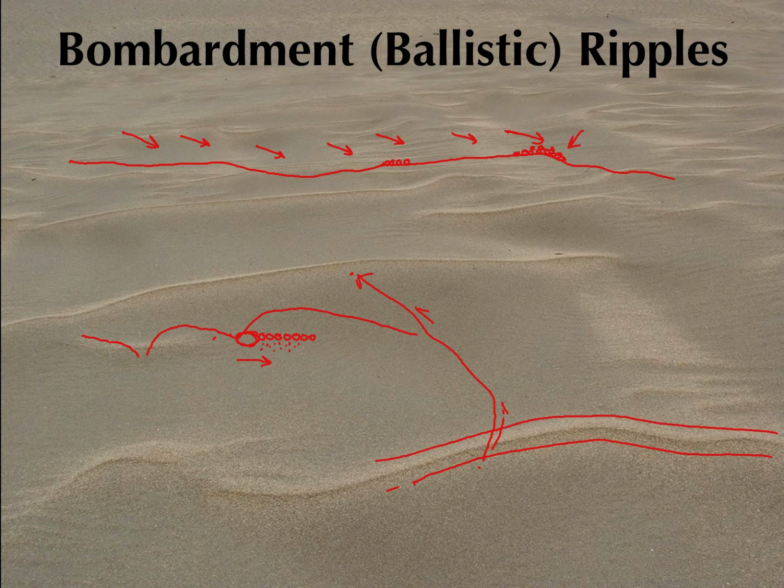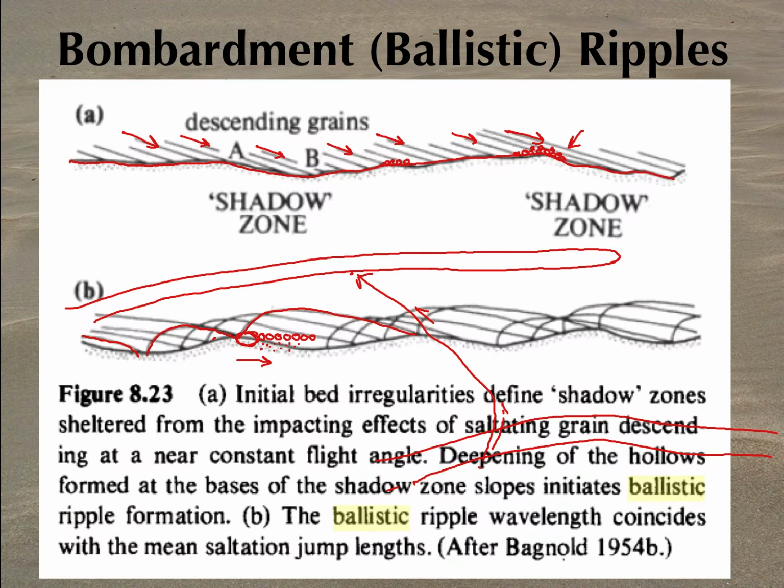And that's just simply because this is the sheltered zone where all those coarse grains creeping along by impact are getting concentrated. So as these ripples migrate downwind, they'll leave a trail behind them of coarse grains parked on top of finer grains.